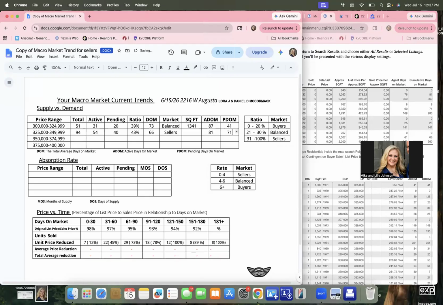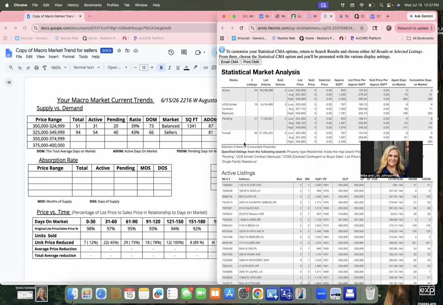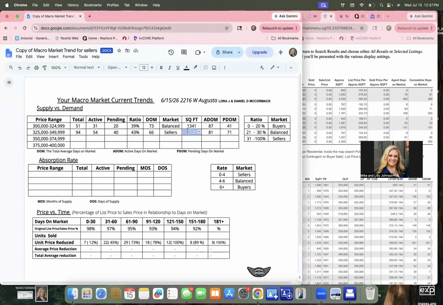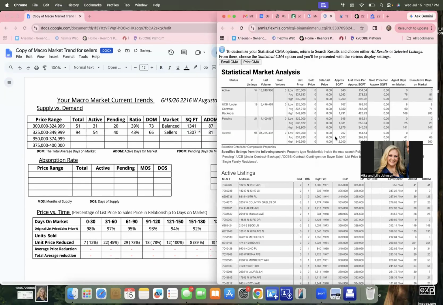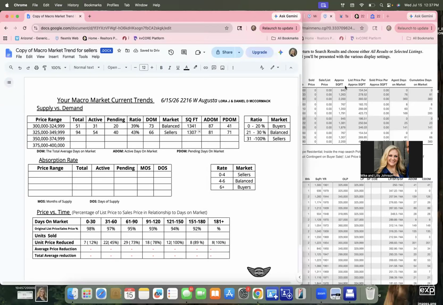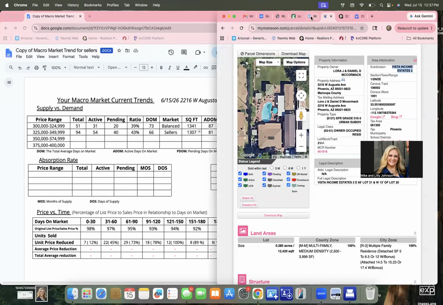I don't want to give people unrealistic expectations on how long. I mean, this is a lot lower price point, so 41 probably makes sense if it's priced right, because those tend to go faster. Okay, 1307 is the average square footage. You'll see the low is 767, high 22. So, okay. So now I'm going to close out of this.